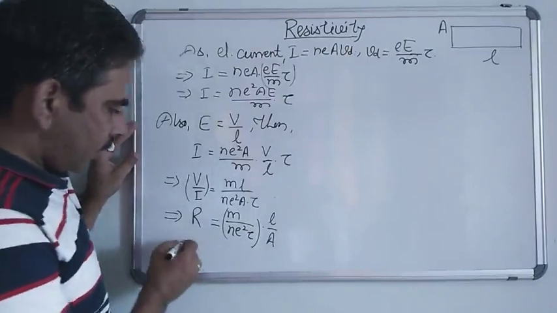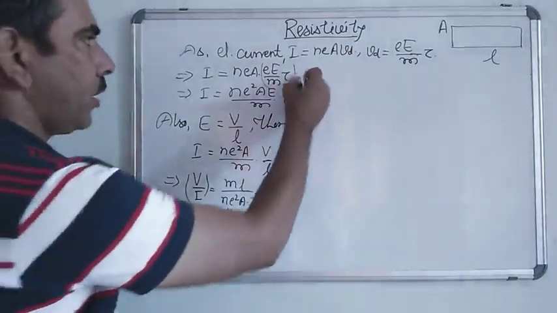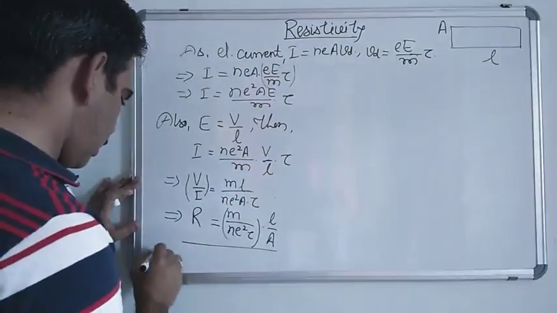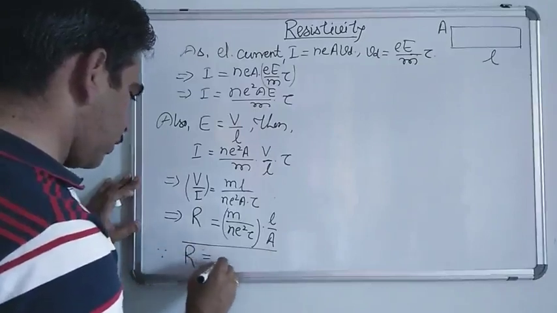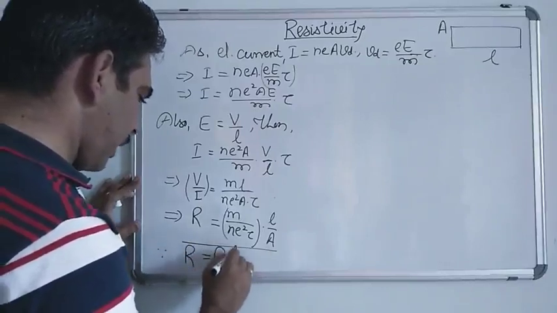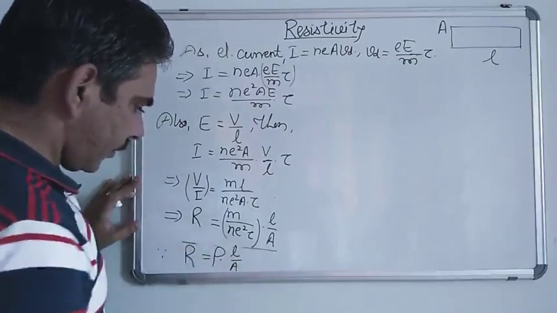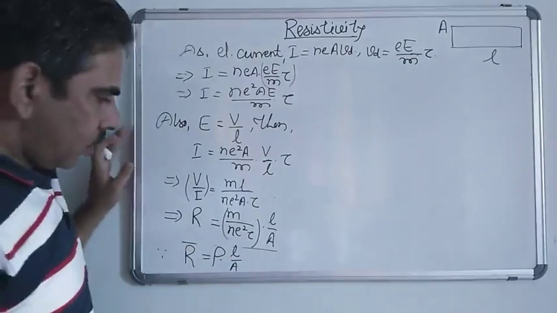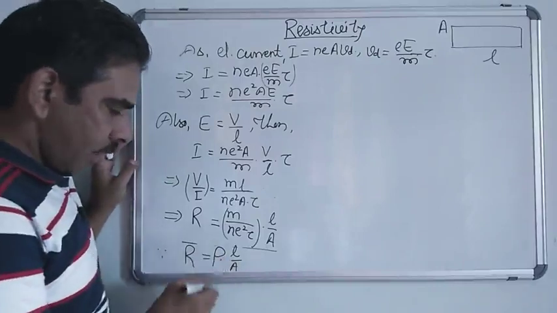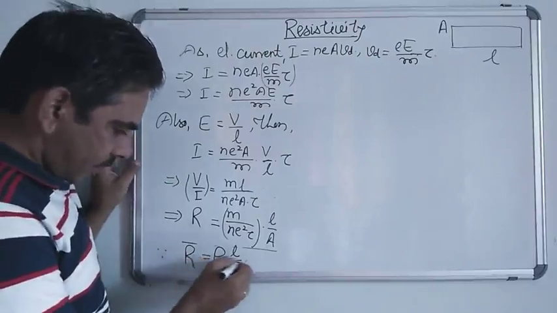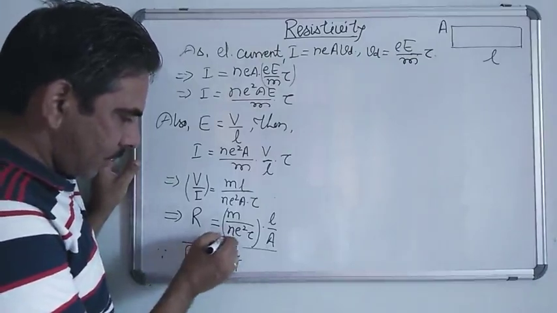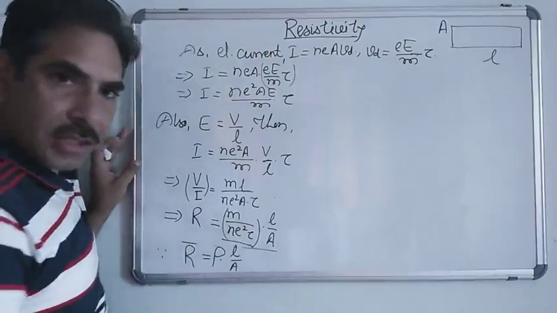So we can compare this expression with the expression we have found earlier, because R is equal to resistivity into L upon A. So from here we see that rho is replacing the term which is in the bracket in this expression.